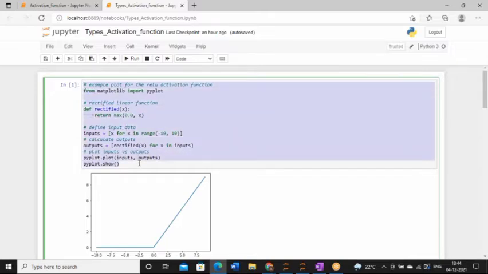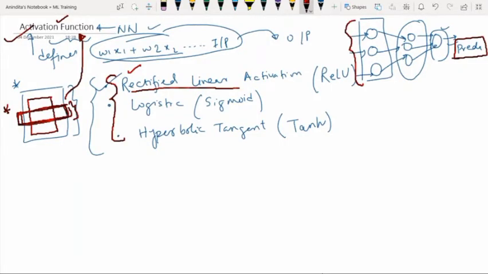In this code, I have designed the activation function which is known as the ReLU function. But before I explain how I designed this code, I want to tell you the formula of the ReLU function. So what is this ReLU function all about?